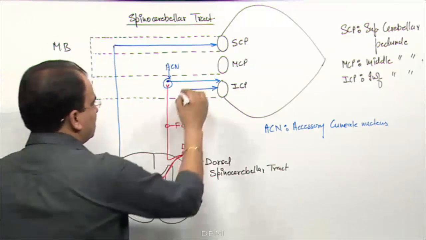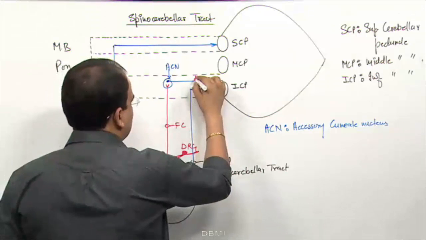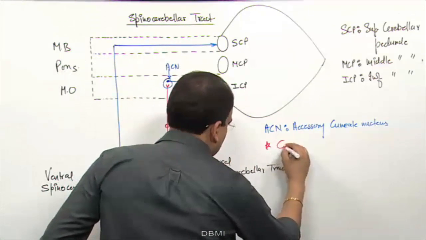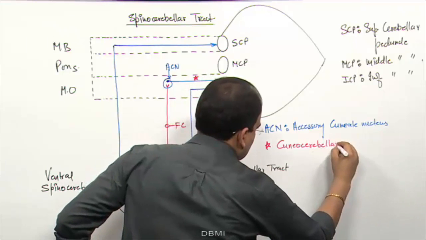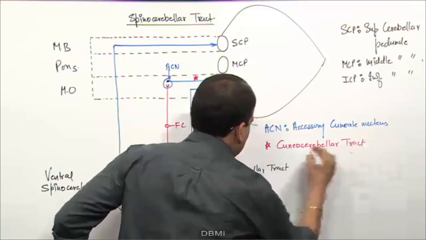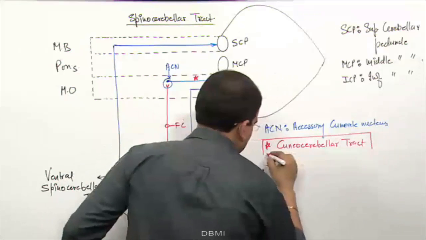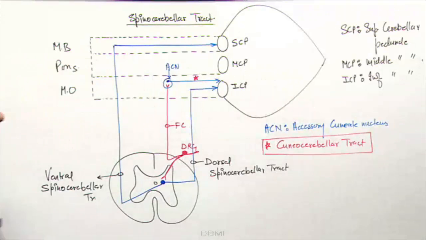This tract, guys, I am making a star here, is called the cuneocerebellar tract or cuneocerebellar fibers. Passing through the inferior cerebellar peduncle, these are called the cuneocerebellar tract. This is how the unconscious proprioception of the upper limb reaches the cerebellum.